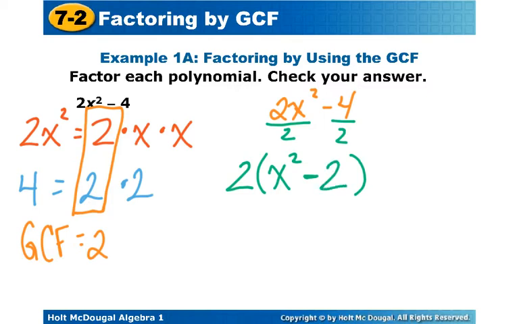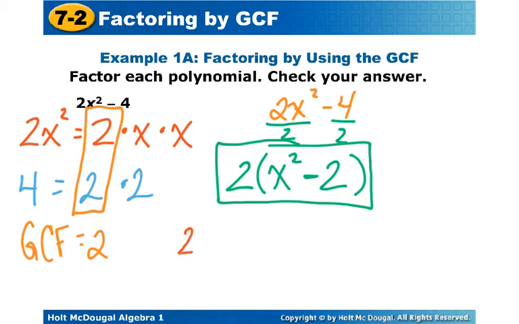So then if I look at this, I'm just going to ask myself, okay, is there any other greatest common factor that I can take out of either one of these terms? No, there's not. So in this case now, this is what I am saying is the factored form of my polynomial. Now, to make sure that I did it correctly, I can always check it. So in order to check it, you can do that by simply doing your distributive property.